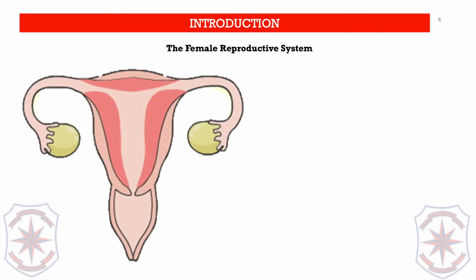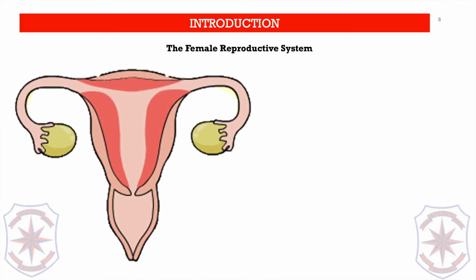Okay, so this system that you see over there is the female reproductive system. And like I said, you must be well versed in the different parts of the female reproductive system. Now, in terms of reproduction, fertilization is the first part of reproduction. Okay, guys?